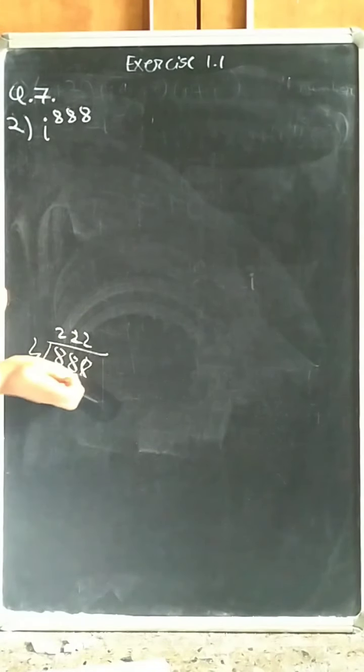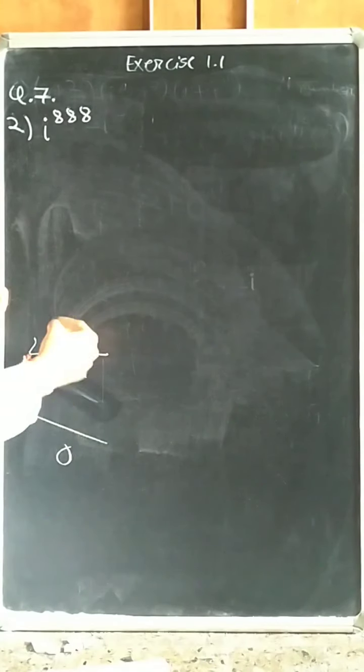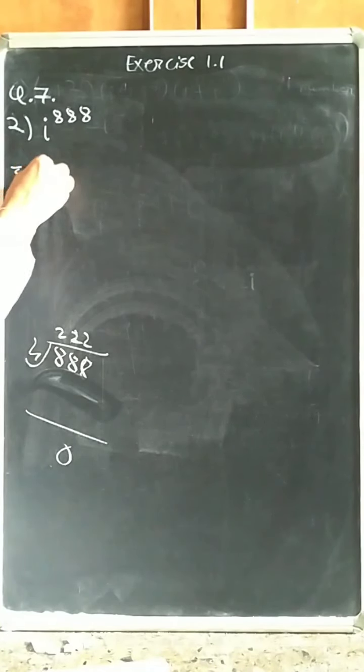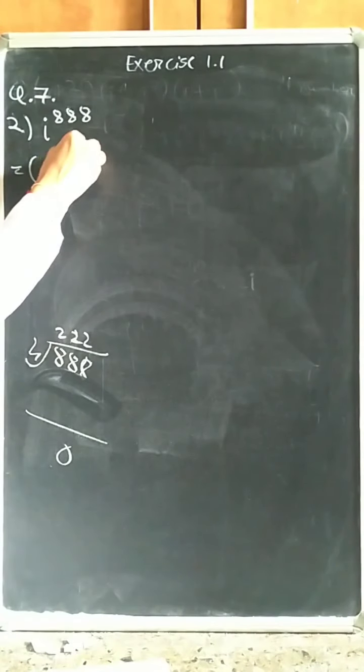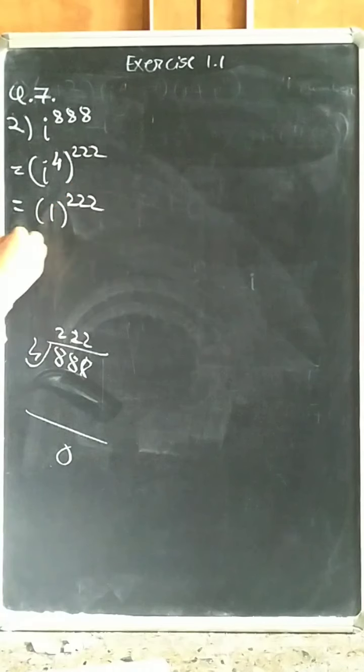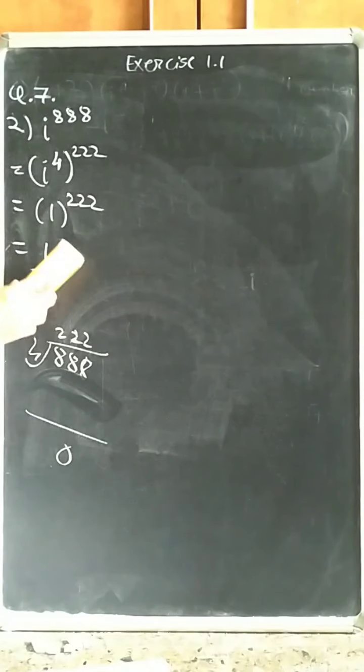Sorry, I just neglected the steps. So the remainder is 0. So we can write it as i raised to 4 raised to 222. This is 1. 1 raised to 222 is 1. Okay, this is the second one. I hope you understand this.